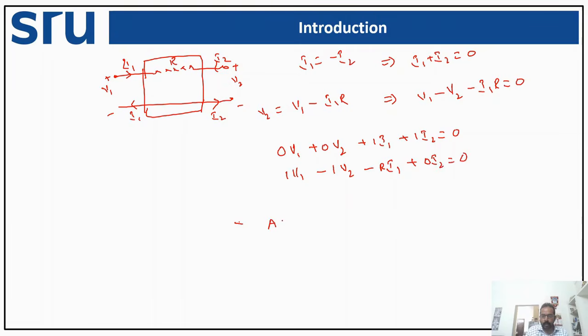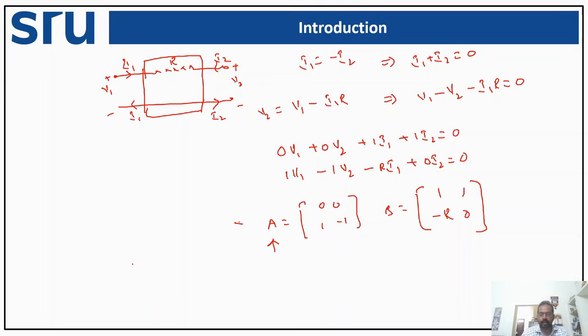So my A matrix is [0 0; 1 -1], and my B matrix is [1 1; -R 0]. You can see that my A matrix is not invertible, as A is a singular matrix. Therefore we need to go for another type of parameters. Here we go for the Y parameters, considering voltages as independent, whereas port currents are dependent.